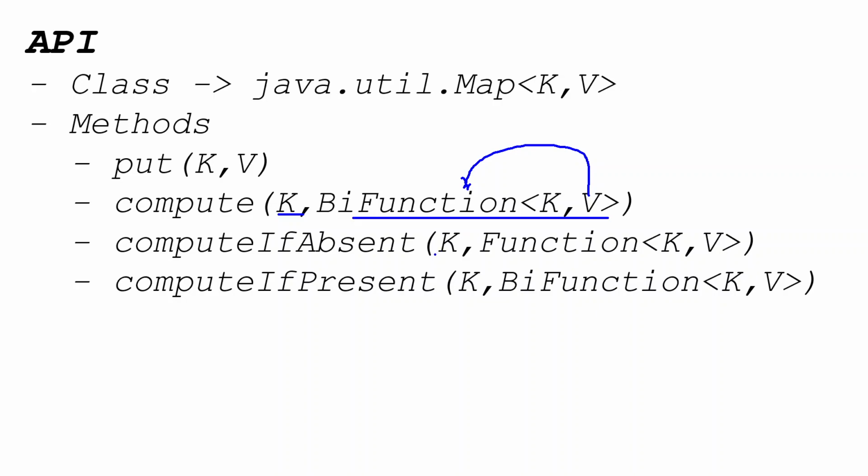Here it says if the key does not exist, then calculate this value and store it in this map. Here, if the value is present, then calculate, and whatever value is returned is stored with the same key. And similarly, putIfAbsent.